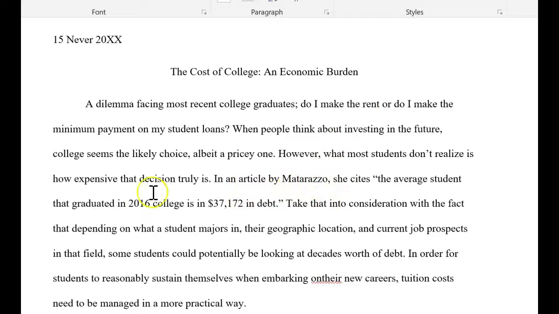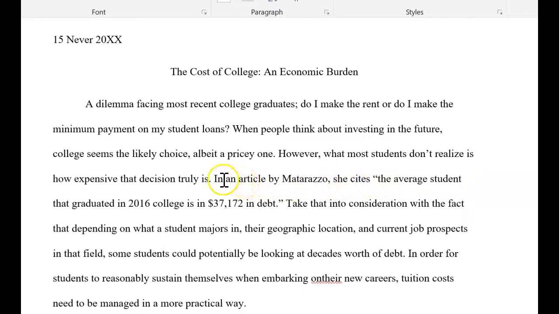Now, one of the things you definitely want to do is, if you create the signal phrase this way, "In an article by Matarazzo, she cites," if you have the pronoun she right next to the noun it replaces, well, don't do that. We want to rewrite this so it simply says Matarazzo claims, cites, suggests, says, whatever.